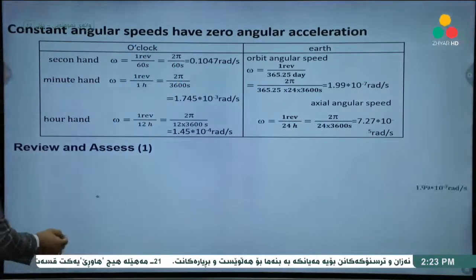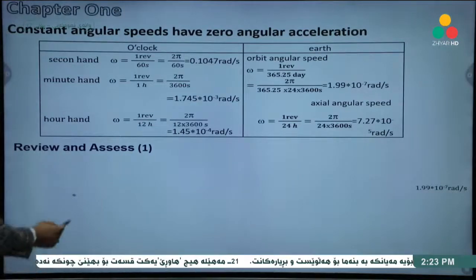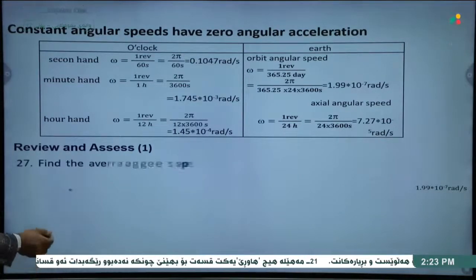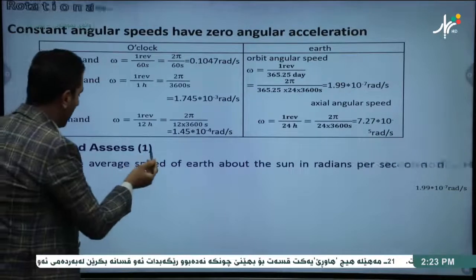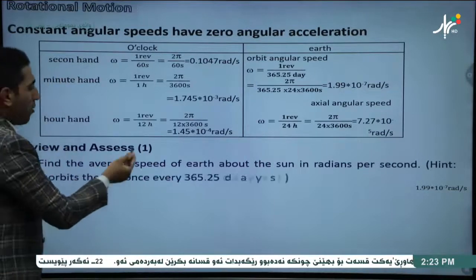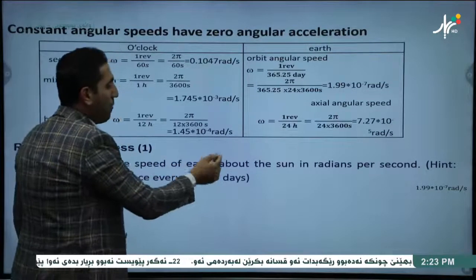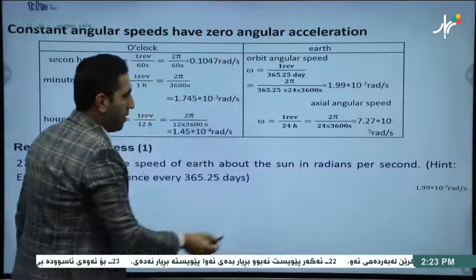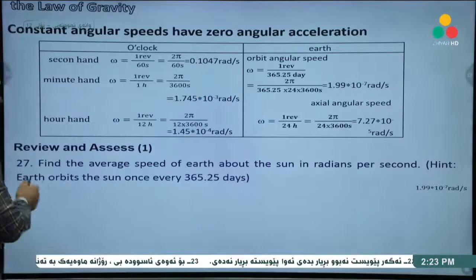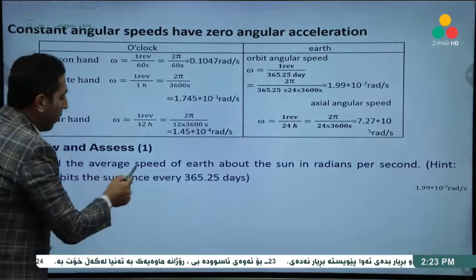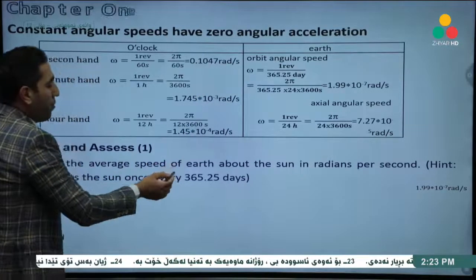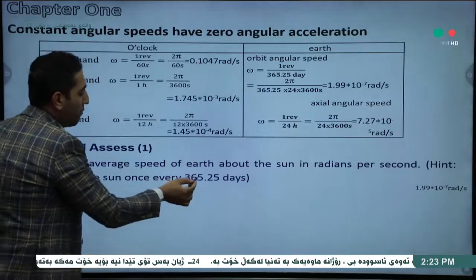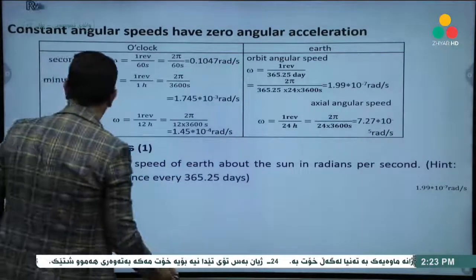And we have another equation, equation number 27. Find the average speed, or angular speed, of Earth about the Sun in radians per second. We have a note: Earth orbits the Sun once every 365.25 days.